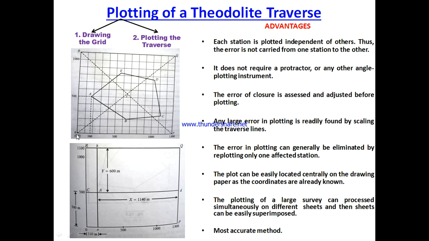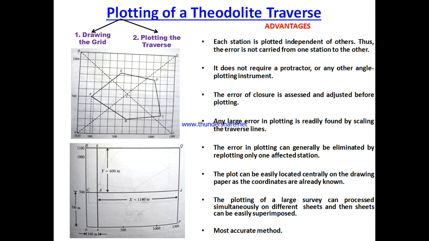Suppose 160 east, so we know that for east we need to go in this direction, and for north we need to go in this direction. In this manner we locate A, and in a similar manner we plot all the stations of the traverse. After plotting all the stations we join the traverse stations.